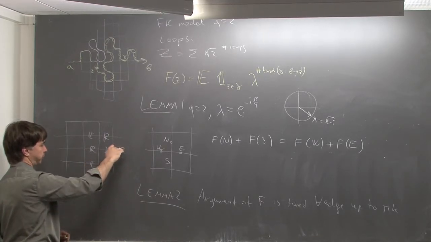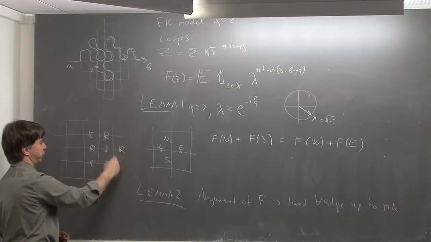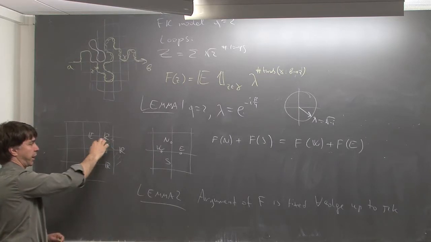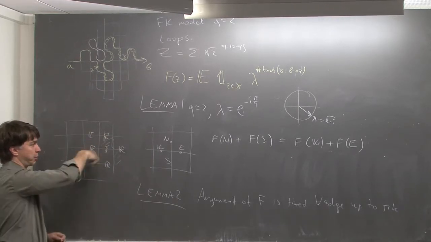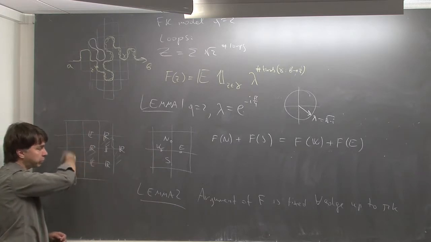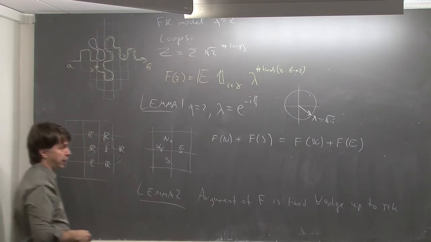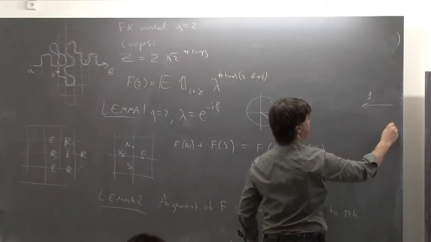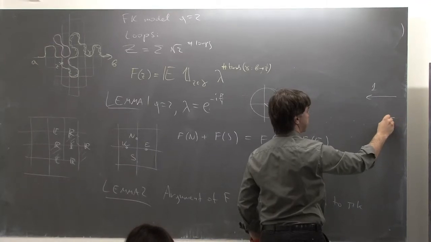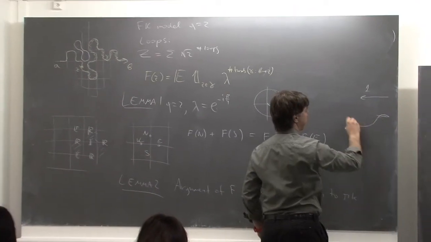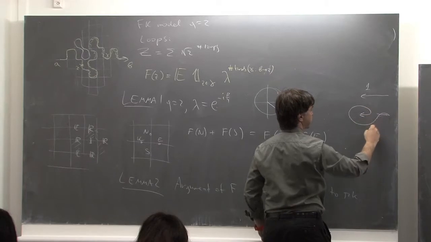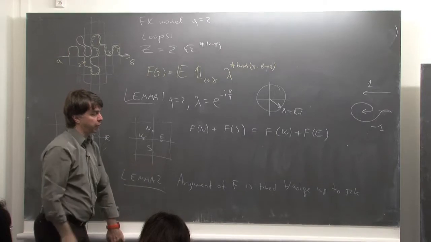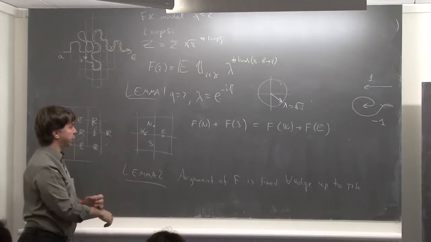And basically the thing once again is that when we travel we always have black on the left, so when we arrive here we can only arrive from one side, so we make some number of turns, and each turn, if this has weight 1, then this will have weight minus 1, so it might change the argument only by pi.